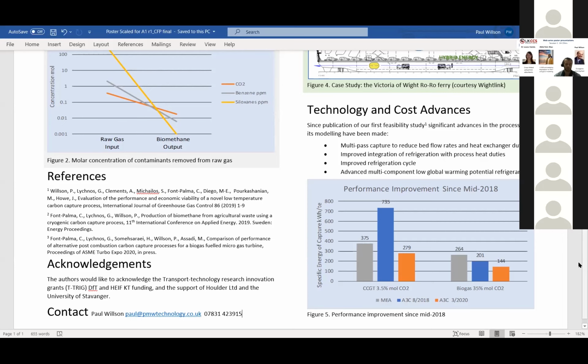Its overall levelized cost of the shipping application of £50 a tonne takes account of both capital and operating costs, discounted over a 20-year life at 10% discount rate. So it's a fair number.